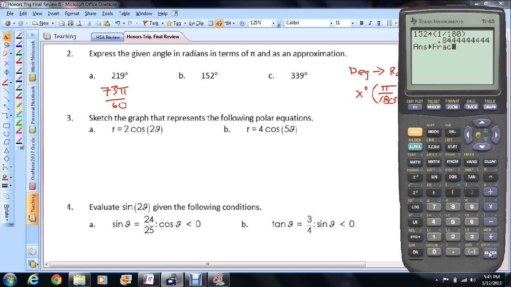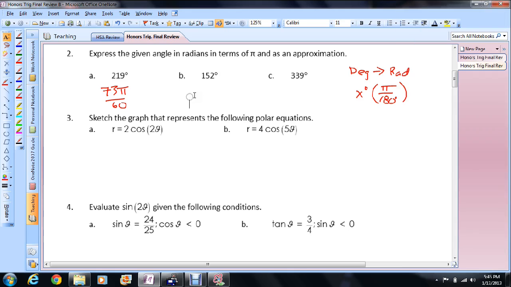Change that to a fraction, and we get 38 over 45. So we have 38 pi over 45. And then we want to do 339 degrees as well. If we do the same exact method, we'll get a simplified answer of 113 pi over 60.